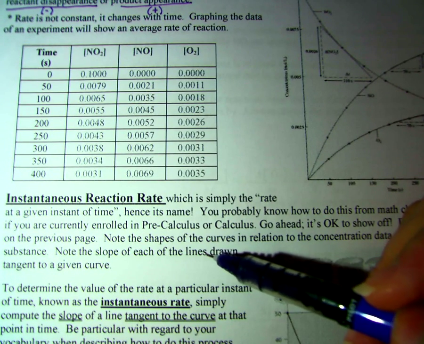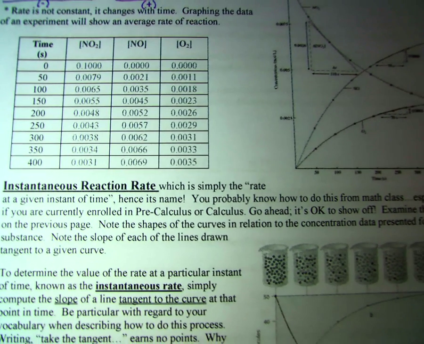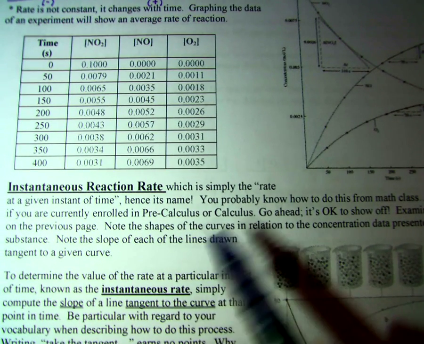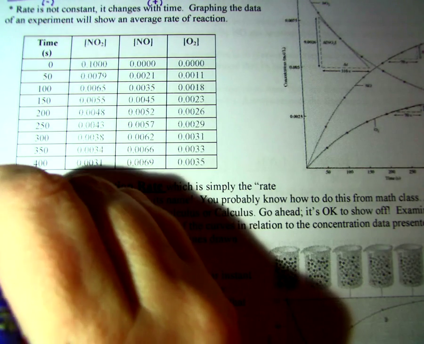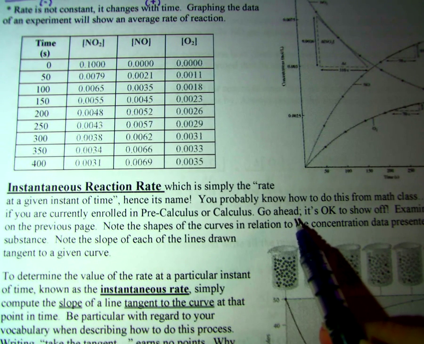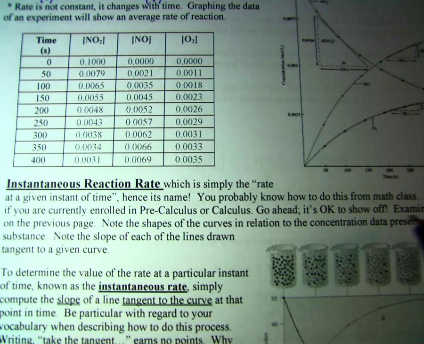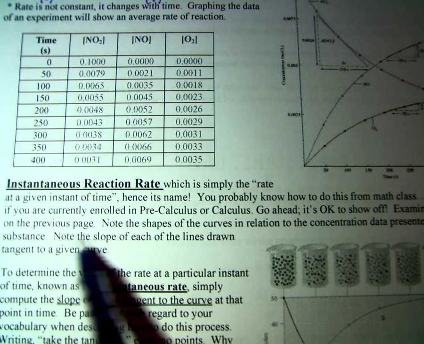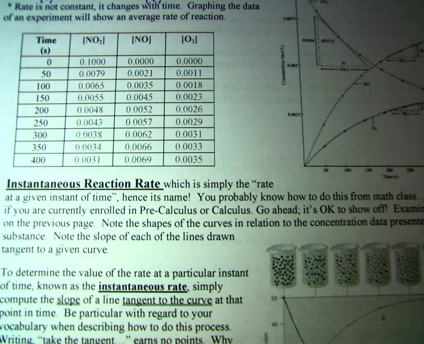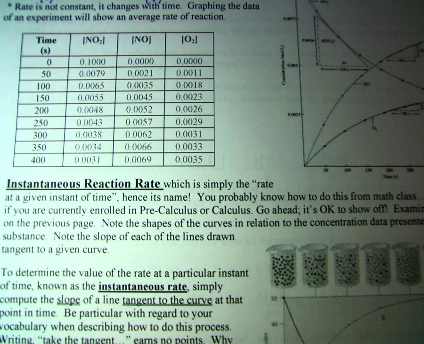Looking at instantaneous reaction rate, this is the rate at a given instant of time. So that's why it's called instantaneous. You probably know how to do this from math class, especially if you're currently enrolled in pre-cal. So you're going to look at the graph, you're going to know the shapes of the curves, and you will be able to find the slope of the curve.